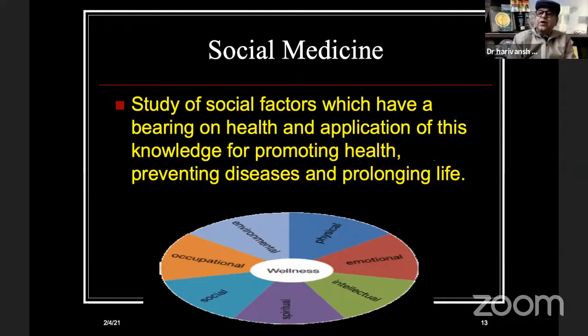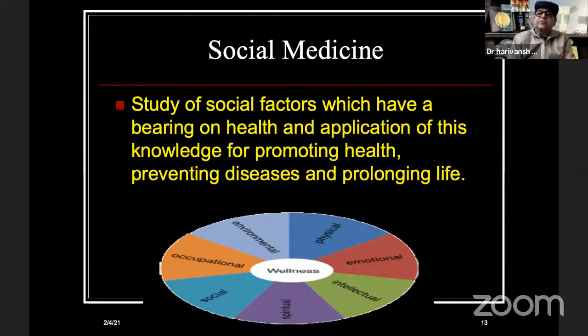Educated people are not following the precautions all over the world, and you can imagine what is happening. These are important things to remember, that these are the social factors which have got a bearing on health. Maybe you are more educated, but that does not mean that you are indulging in good practices.